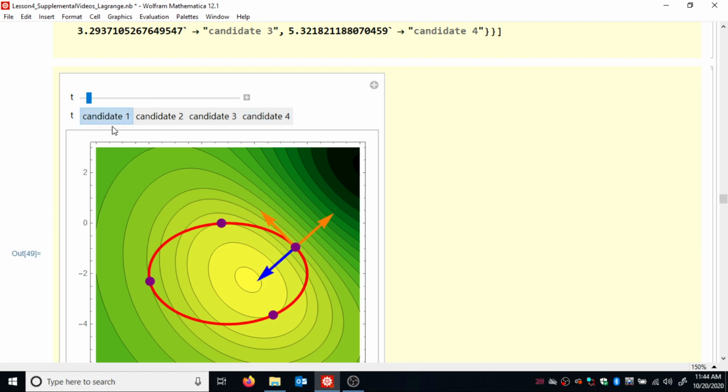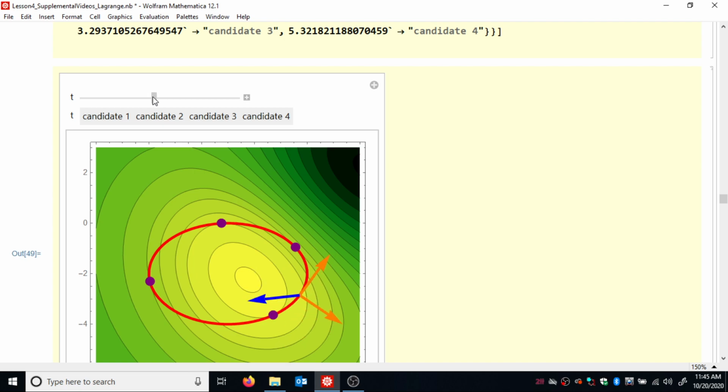And what you'll notice is at our candidates, you can either look for the places where the blue gradient vector, the gradient of f, is perpendicular to our tangent vector, or you could look for the places where the gradient of g and the gradient of f are pointing in the same direction.